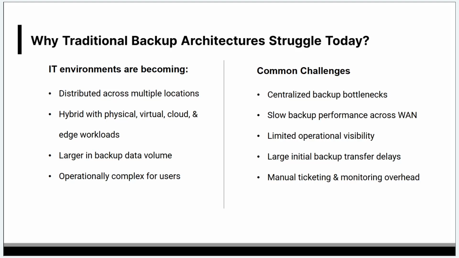And manual ticketing and monitoring, and if it is complex, how are you going to monitor? So these are the challenges that people face. You have an IT environment which is distributed, hybrid, with larger data to be backed up. If these are the IT environments, then you will face common challenges as such.